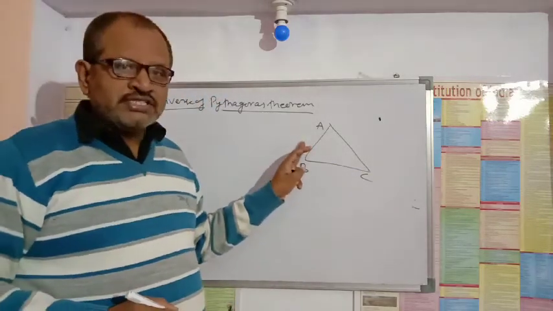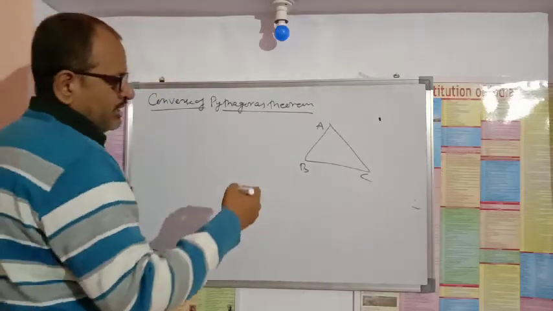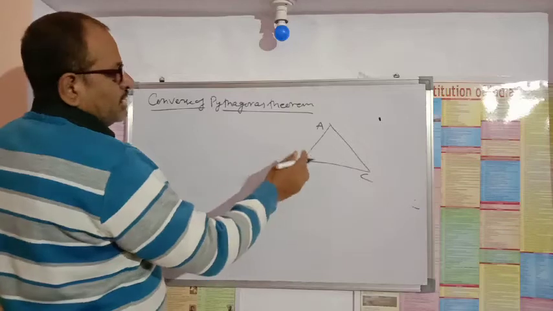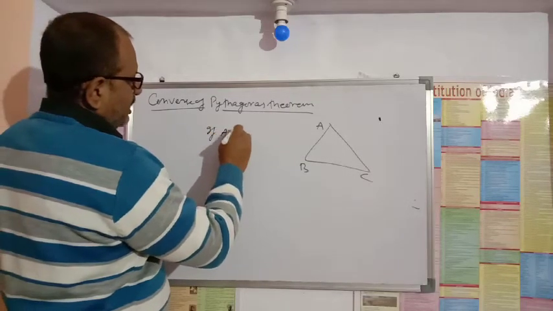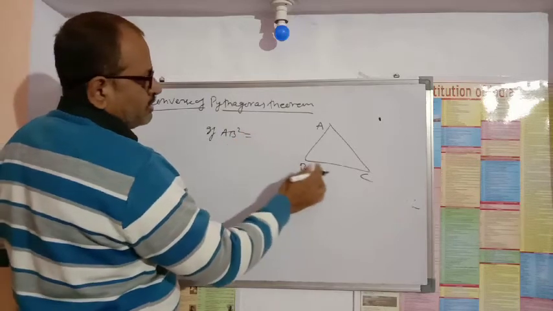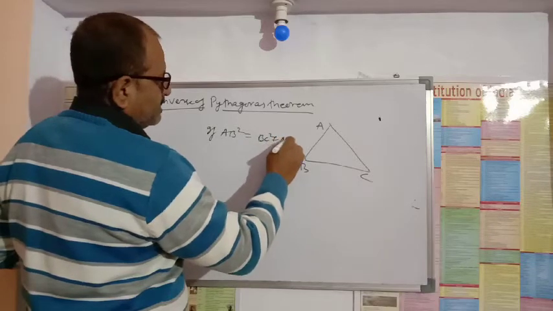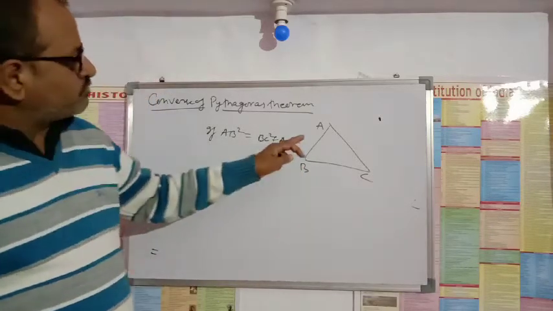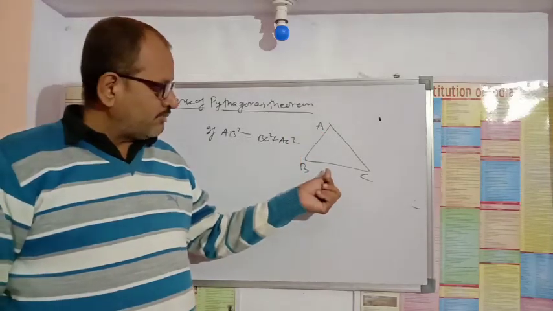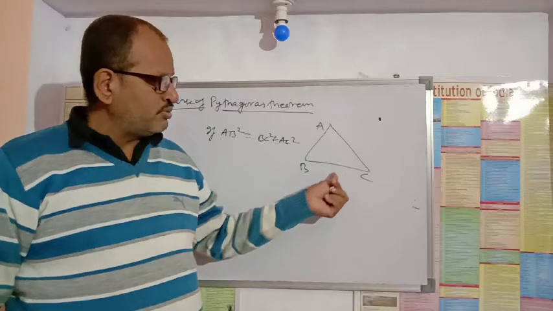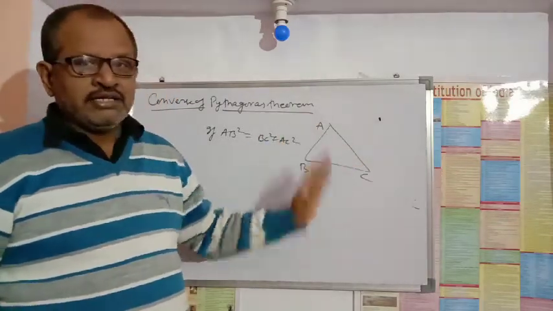If the square of any one side, the longest side, for example AB square, is equal to the sum of the squares of the other two sides, BC square plus AC square, then this triangle is a right angle triangle.